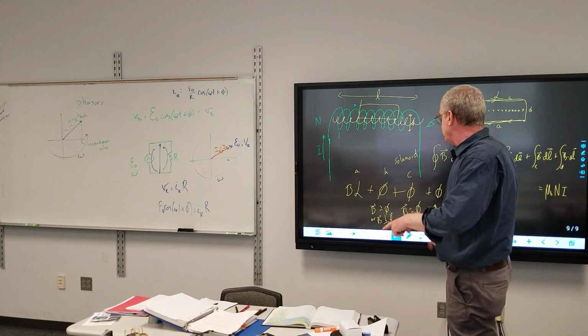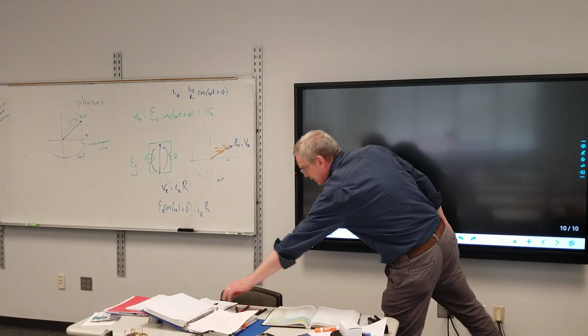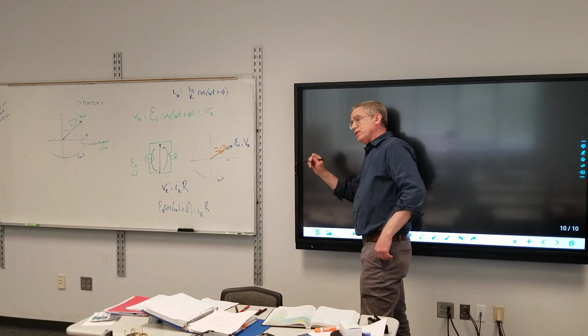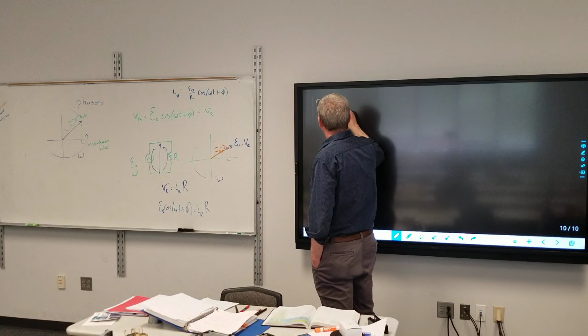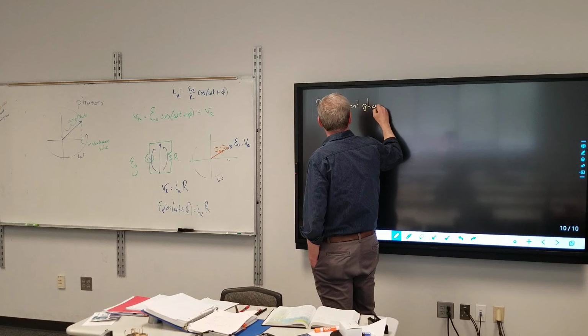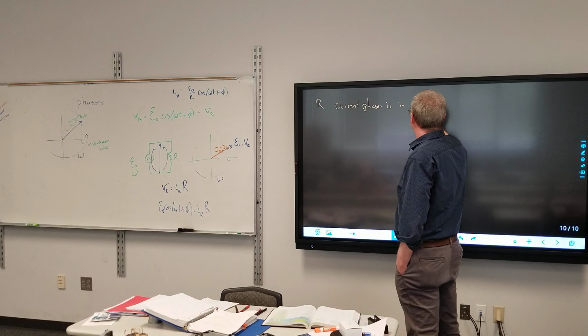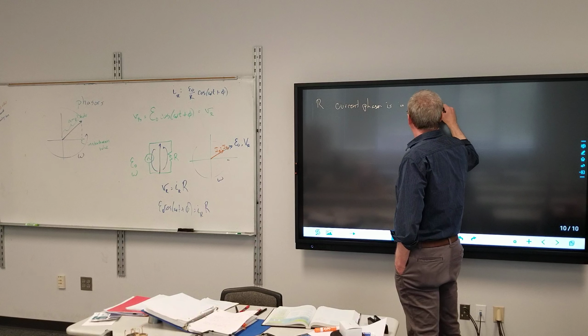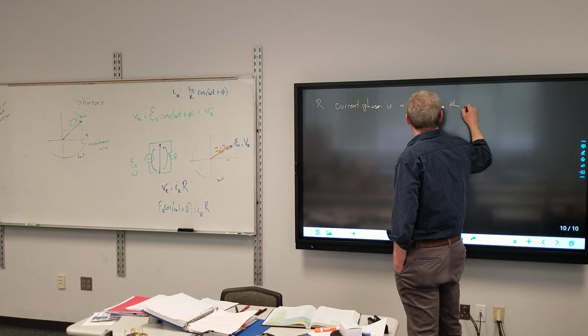The cool stuff comes up in just a moment. All right, a lesson to take from this: for a resistor, the current phasor is in phase, in sync, with the voltage phasor.